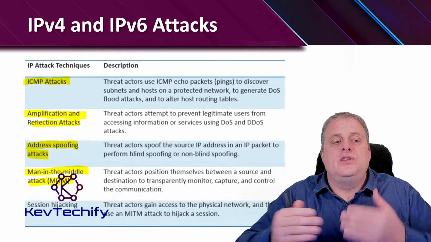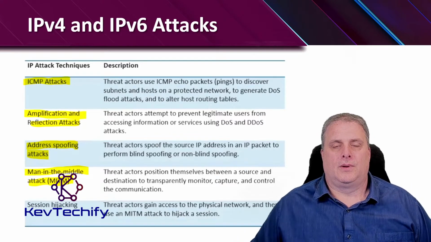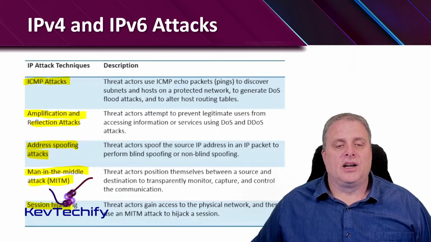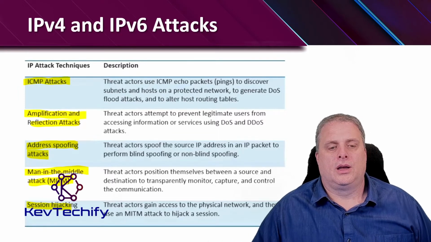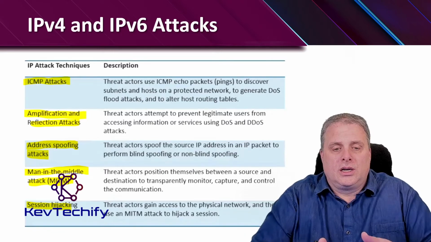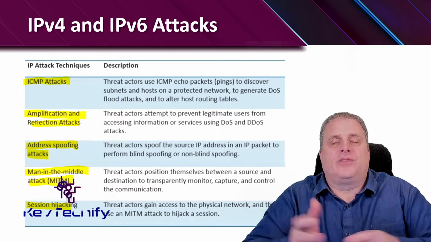Either end doesn't know that there's a man-in-the-middle attack happening. And with session hijacking, a threat actor can try to gain access to a physical network and then use a man-in-the-middle attack to not only watch, but hijack a session to become part of that conversation.